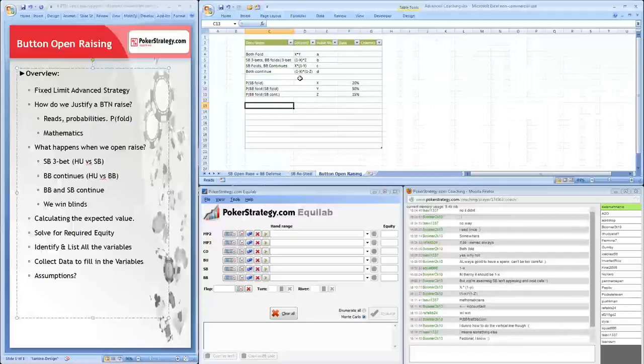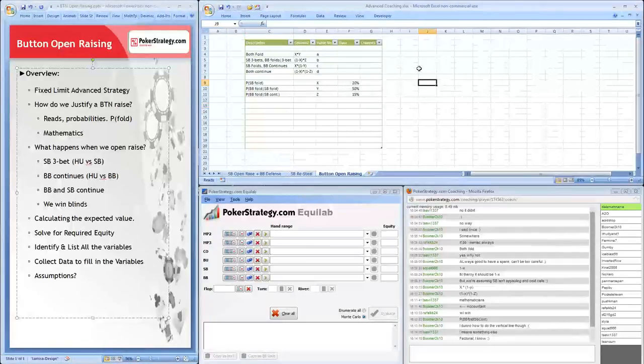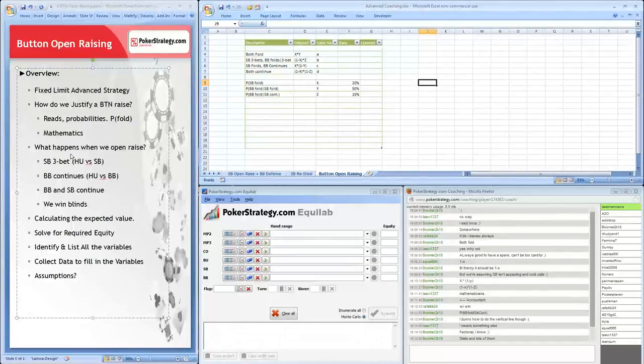Okay, so we've already worked out 4 situations. Now, in those 4 situations, what do we need to know? Because we're entering the pot, we've got the probability that different things happen. How do we make those probabilities important to us? We've already described the 4 general things that can happen when we open raise.